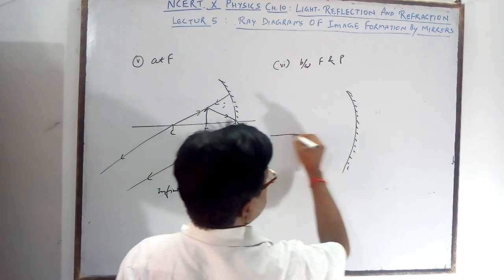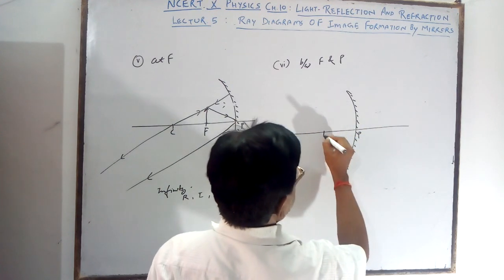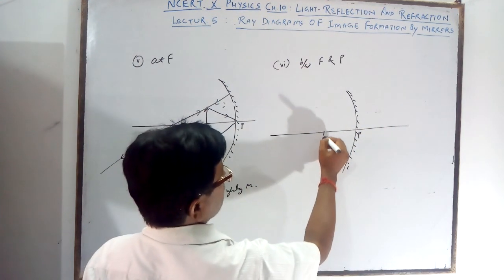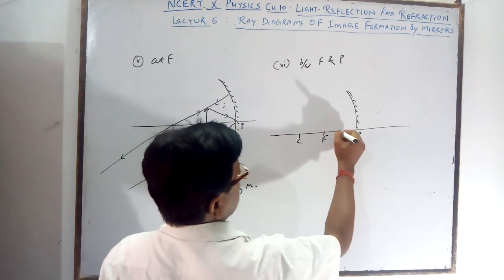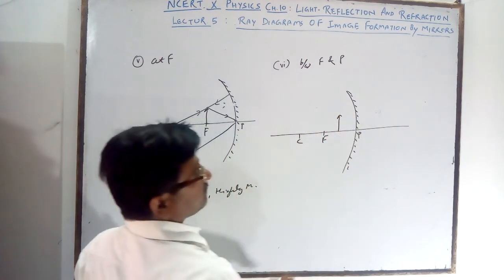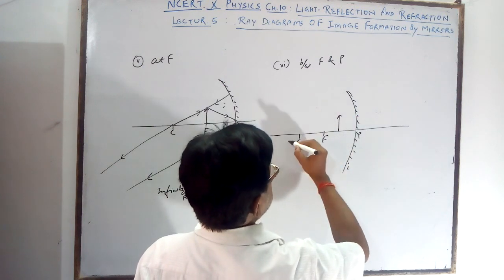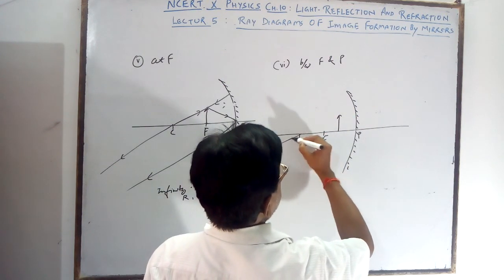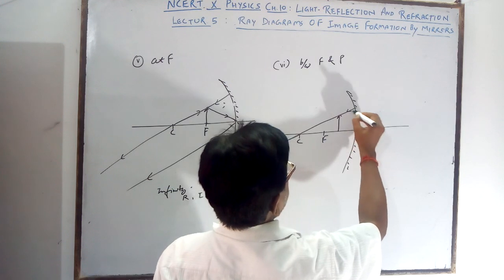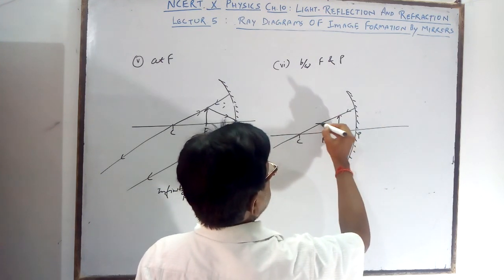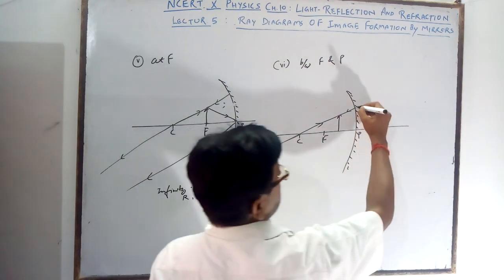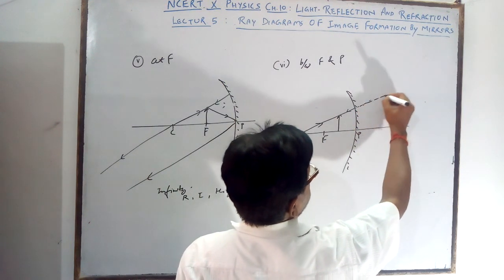Between F and P, the image formation in the concave mirror. Object is at this place. A ray which is parallel, or you can see from here, it will be exactly going and coming back. You can produce this back side.